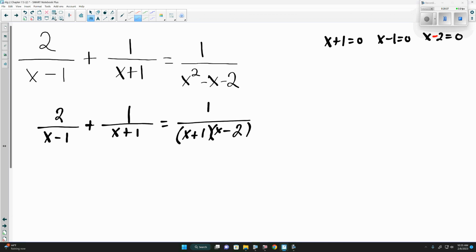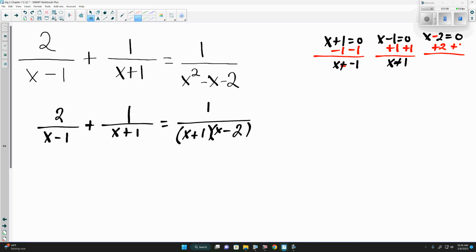Now this time, unlike the last ones, we do have 3 different spots where we could have a 0 in the denominator, the bottom of the fraction. Because we have it for the x plus 1, the x minus 1, and x minus 2. Now for x plus 1, we can subtract 1, telling us x cannot be negative 1. For the x minus 1, we add 1 to both sides, telling us x cannot be positive 1.